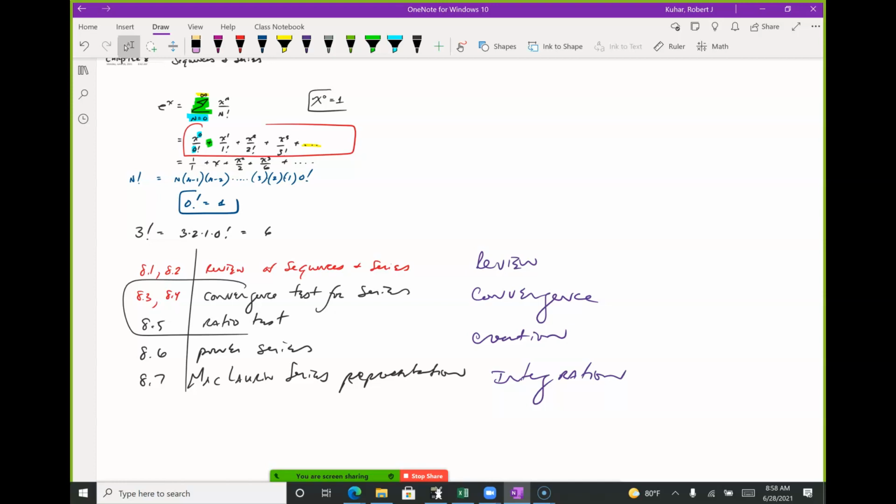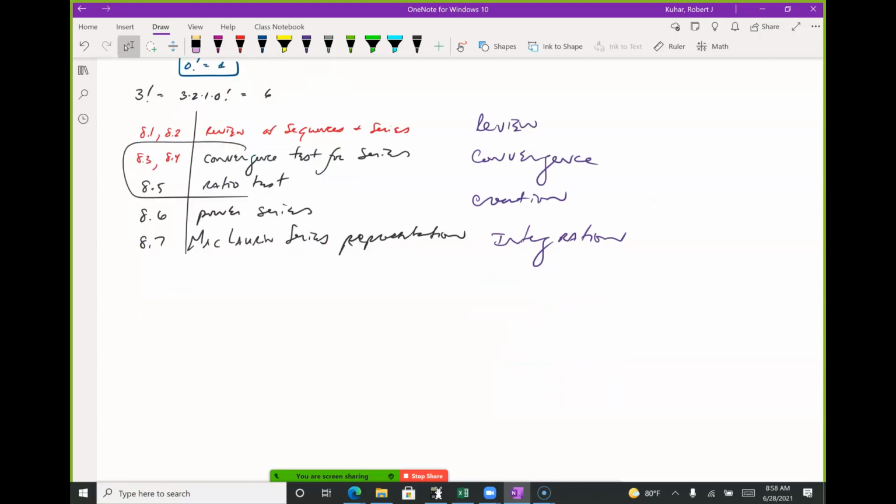Probably was there for Simpson's rule, or maybe even the original Riemann sums in Calc 1, and that is this function y equals e to the x squared. This function cannot be integrated.